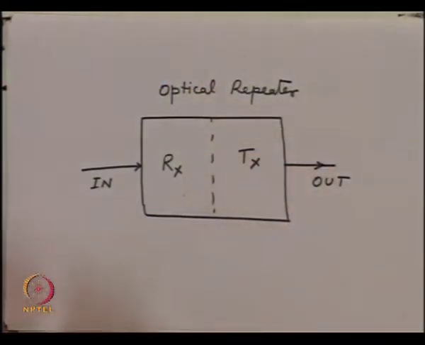So installing a repeater is an expensive option. But since we do not have any alternative, even if the signal to noise ratio goes down or the signal is distorted, in either case we give the signal to the repeater and the signal is regenerated and converted into light again.